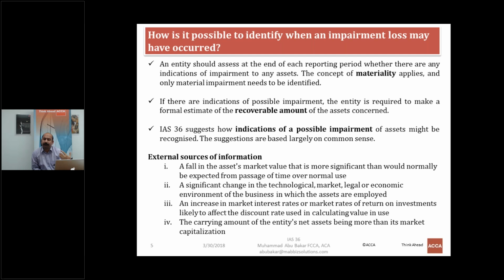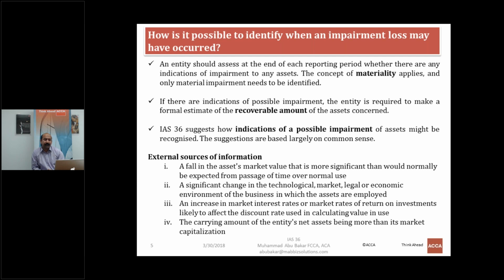You are required to test them for impairment annually. But for other assets, the standard requires that there should be internal or external indications which should trigger the impairment testing.